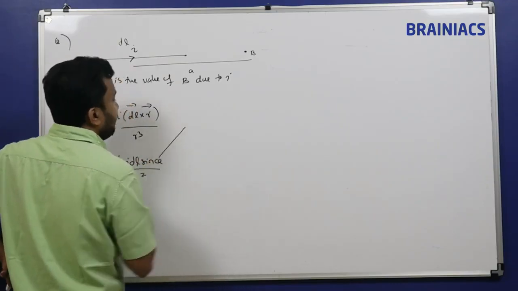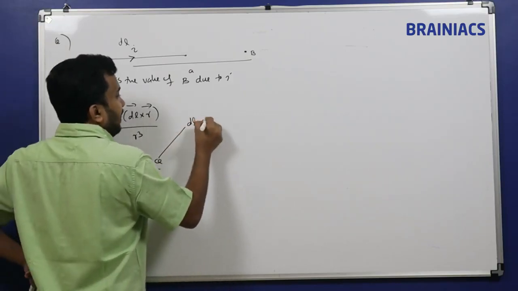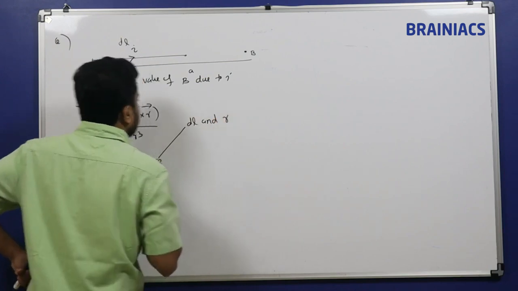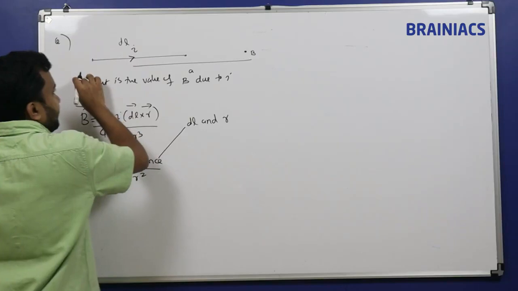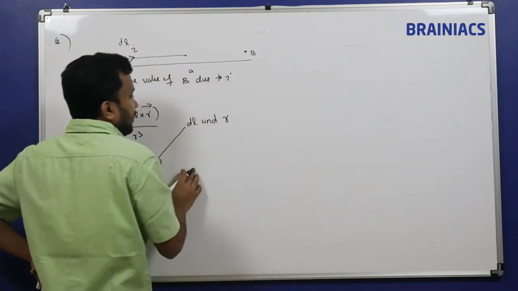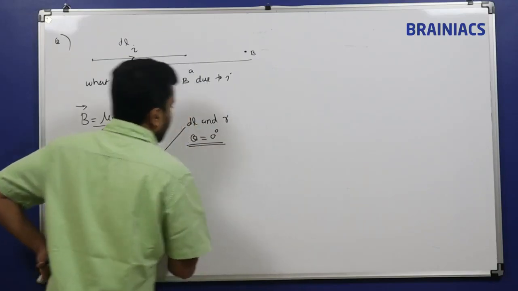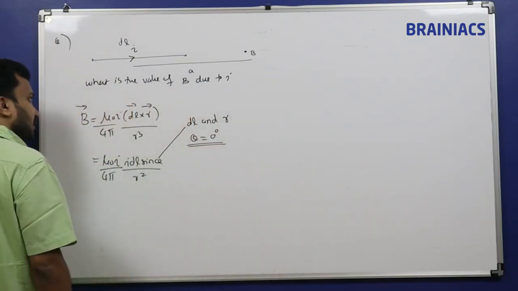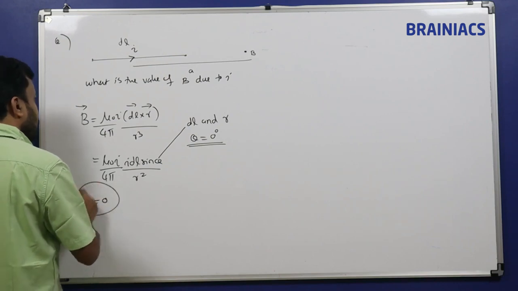Theta is the angle between dl and R. Here dl is in this direction and R is also along the same direction, so theta equals 0 degrees. When theta is 0 degrees, the magnetic field B is also zero.